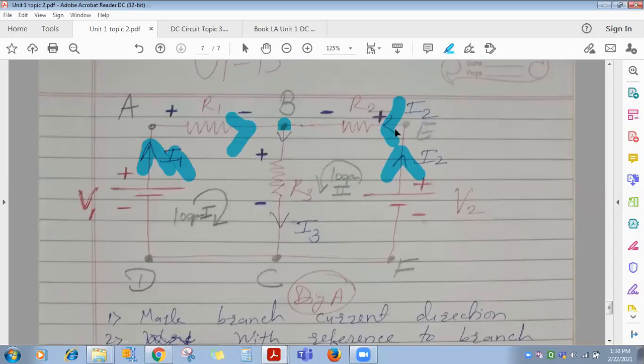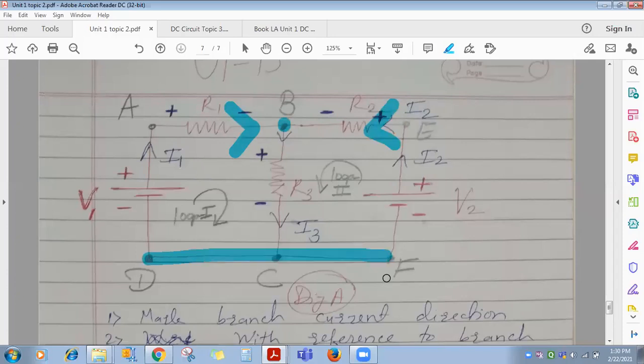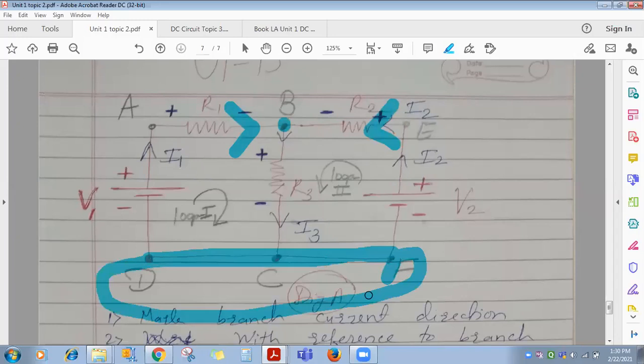Now see, I1 in the clockwise direction is moving toward node B, and I2 in the anti-clockwise direction is also moving toward node B. Once it reaches node B, can you tell me, D, C and F, these three points are at what potential? Zero potential.